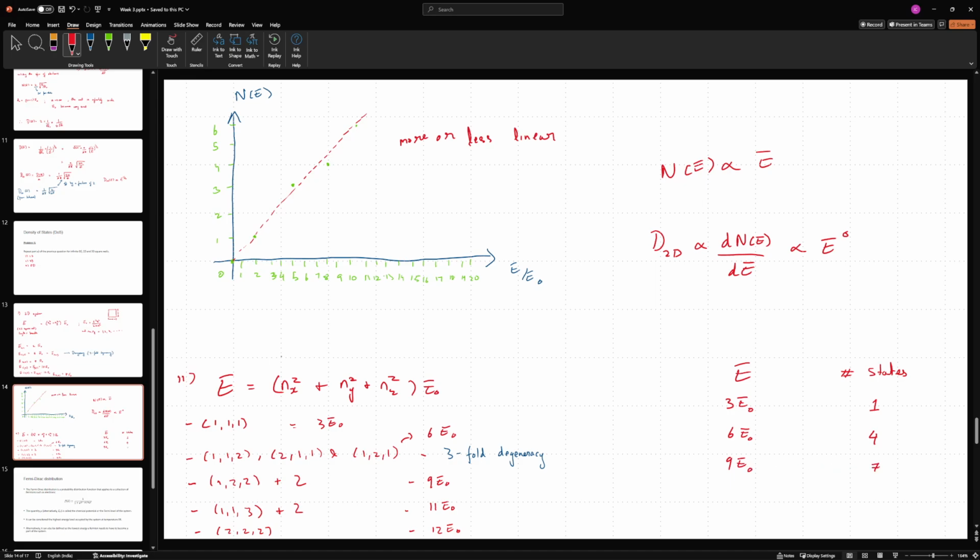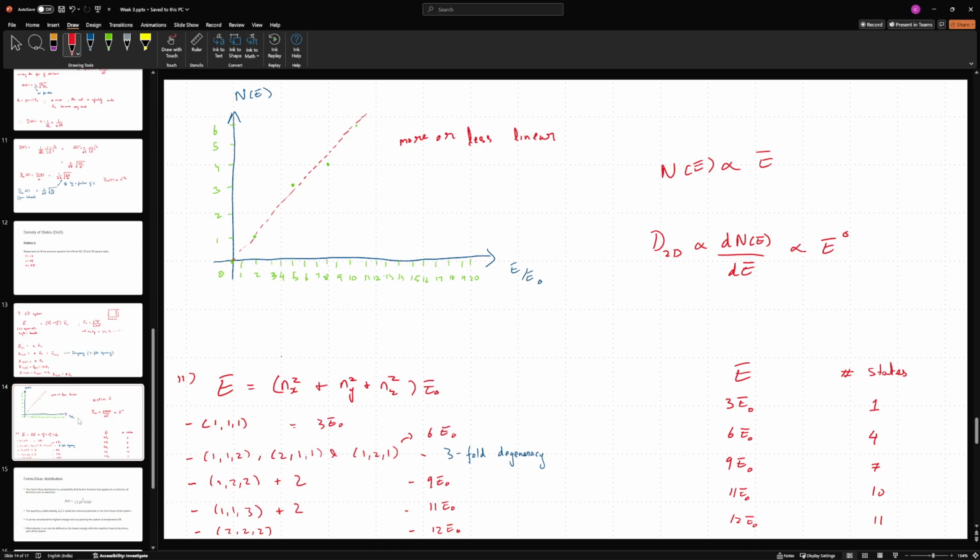So that is going to be 7. And then at 11 E naught, I have another 3 states adding. So that is 10. And at 12 E naught, we have one more state adding. So that is 11.